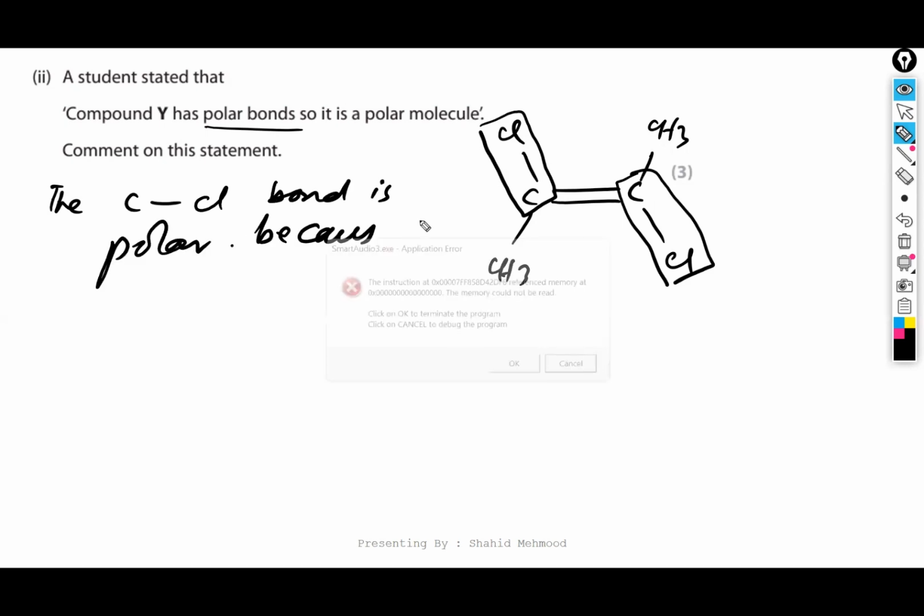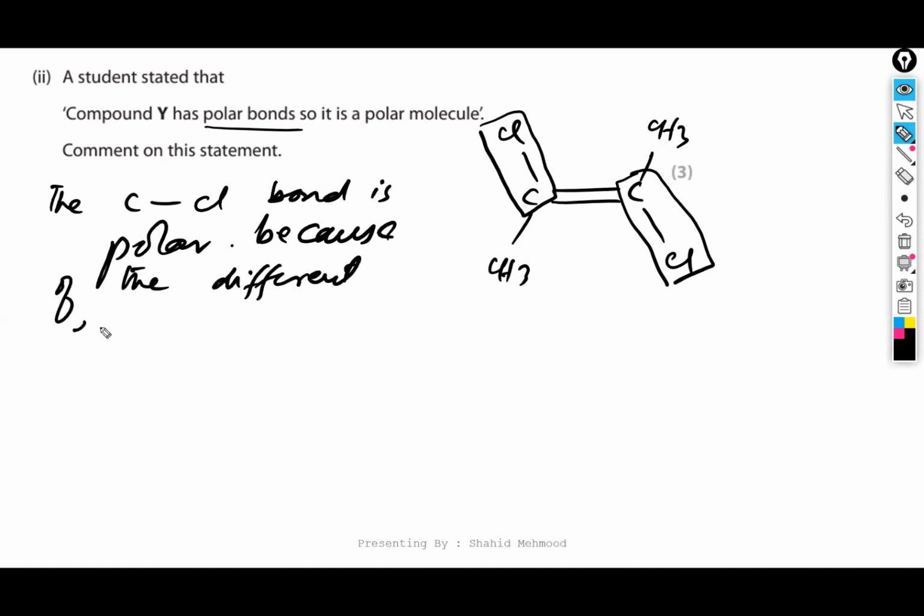because of the different electronegativity values.